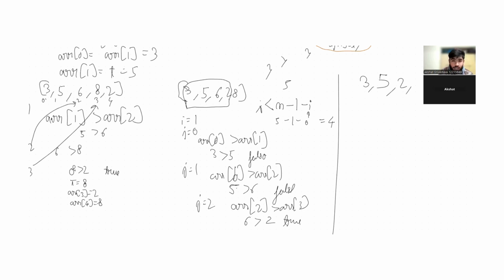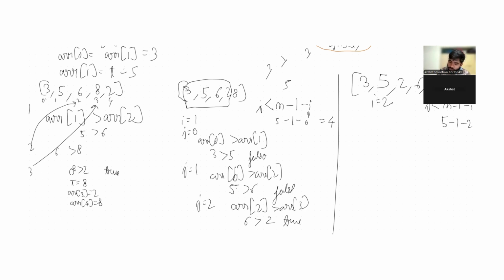Our i value will again increment and become i equals 2. Since our i value is 2, see the change: how many times will our inner loop execute now? The limit for j is n minus 1 minus i, so 5 minus 1 minus 2 gives us 2.